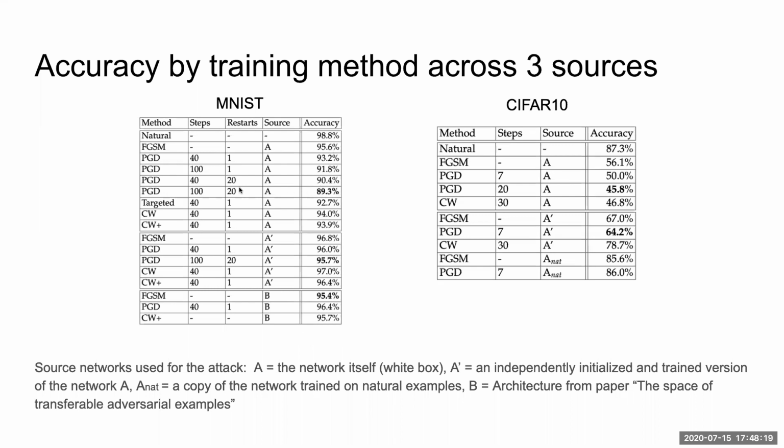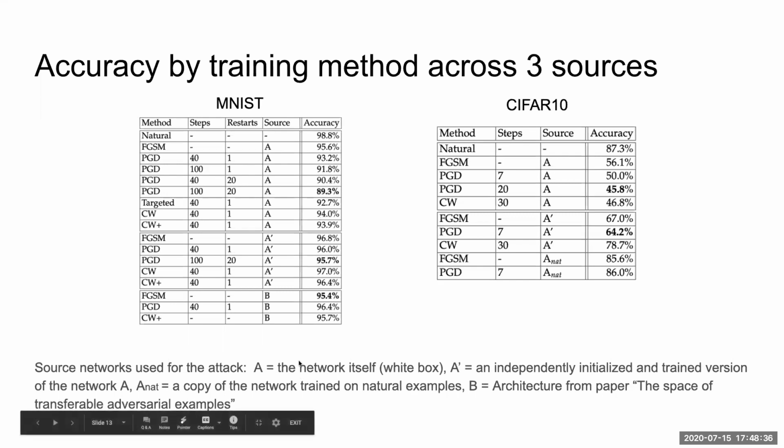There's one outlier here, PGD with 100 steps and 20 restarts, where we're starting to dip below 90%, but that appears to be an outlier.